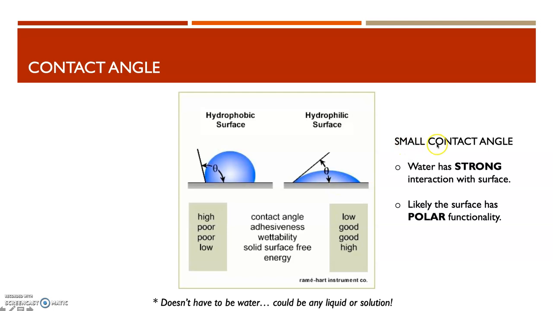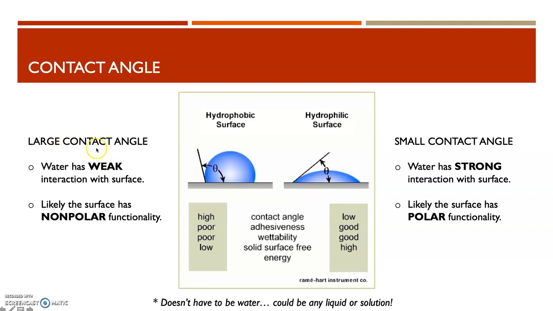If you have a small contact angle here, water has a strong interaction with the surface, and likely that surface is polar. If you have a large contact angle, then water is going to have a weak interaction with that surface, and likely the surface has nonpolar functionality. Now, I should note that this liquid, whatever this liquid is, doesn't have to be water. It could be any liquid or solution.